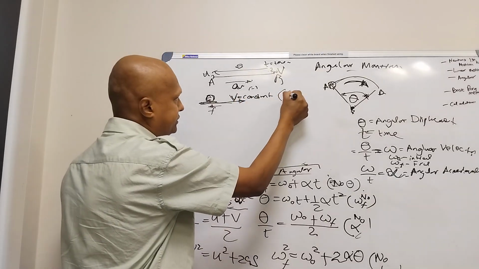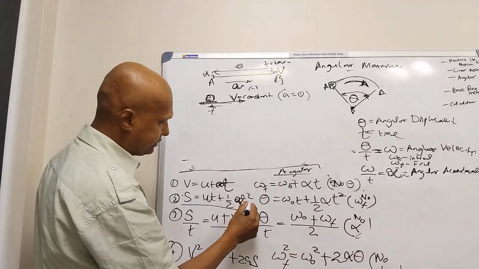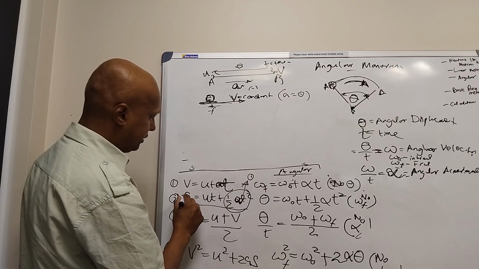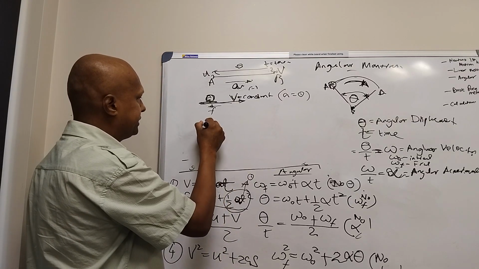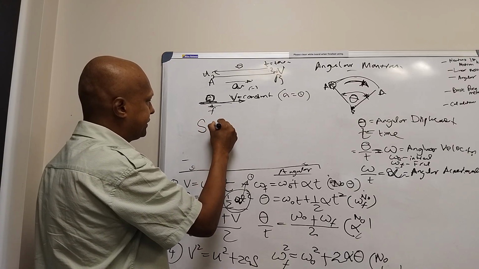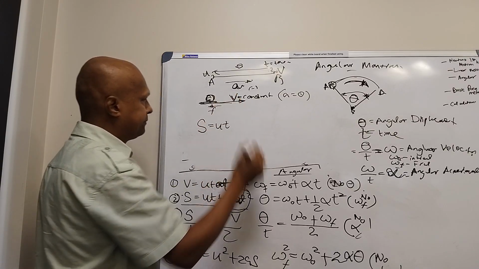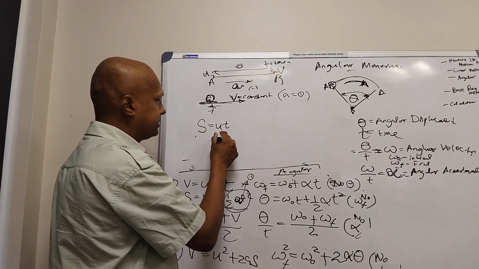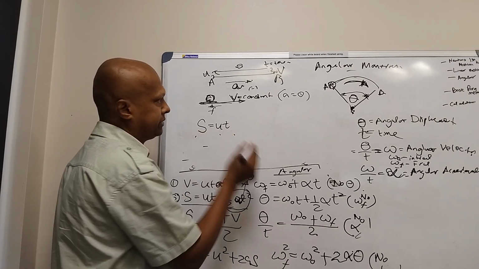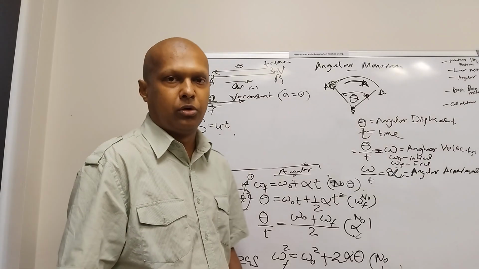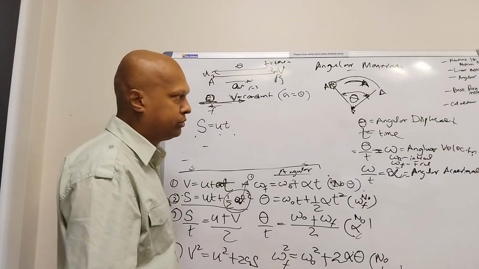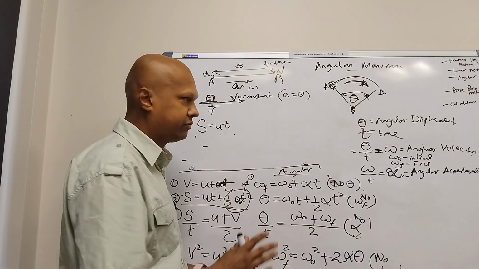So when this part is 0, it ends up with S equals ut, which is displacement equals velocity times t. That is how we calculate these basic functions.